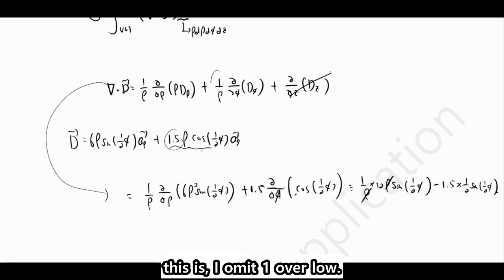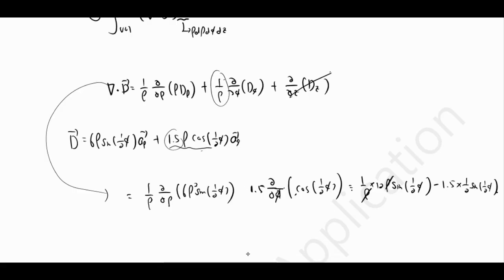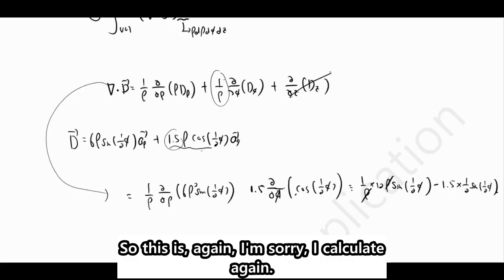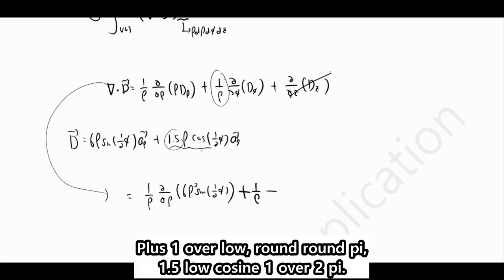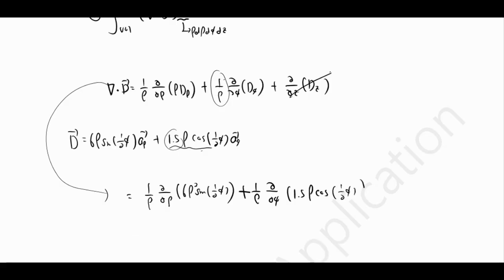I omitted 1 over rho, so I'm sorry, I calculate again: plus 1 over rho partial over partial phi of 1.5 rho cosine(1/2 phi).